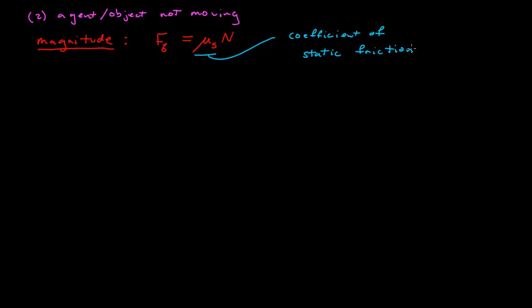The point here being that this is what distinguishes the two systems, the static friction, because the agent and object are not moving relative to each other, whereas in the previous example they were.